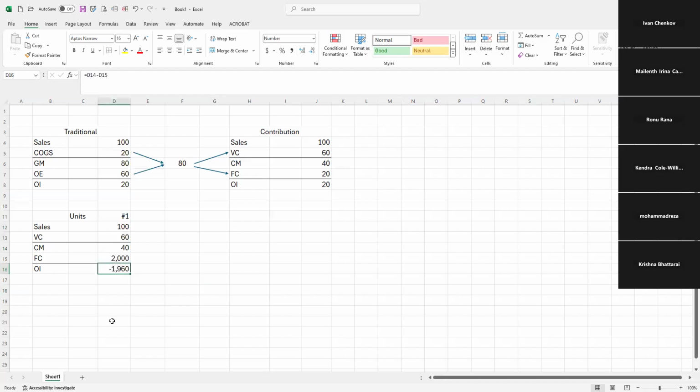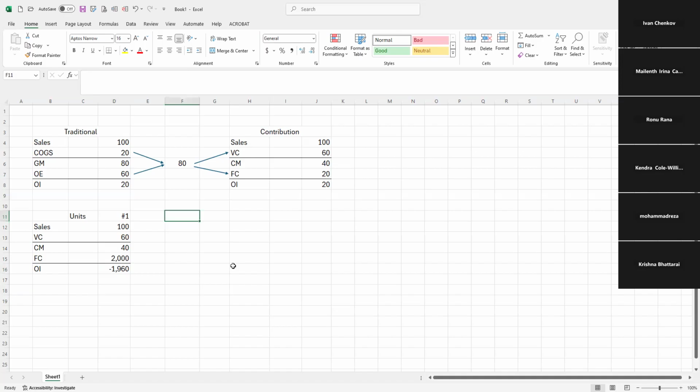If I'm selling only one unit, obviously I'm not going to make a profit. I'm losing money. How much exactly am I losing? I cannot cover the $2,000 with the $40 contribution margin. I'm covering only $40 of my fixed cost. So I'm losing 1,960, which is the fixed cost minus the contribution margin.